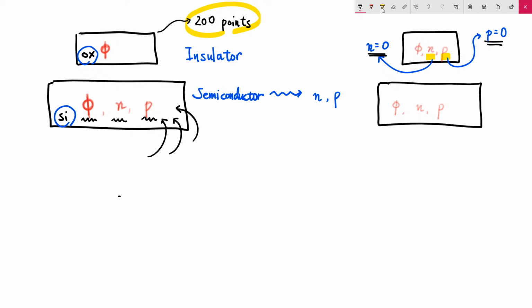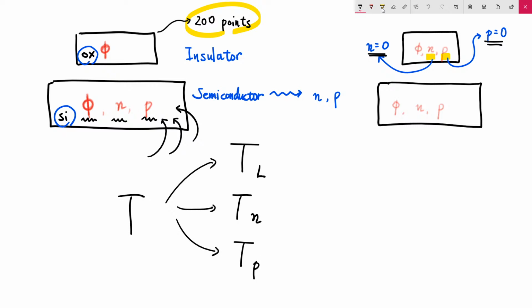However, temperature can also be decomposed into three different quantities: for example, temperature of our lattice, temperature for our electron gas, and temperature for our hole gas. Usually, we believe that temperature is a constant and it does not depend on the position.